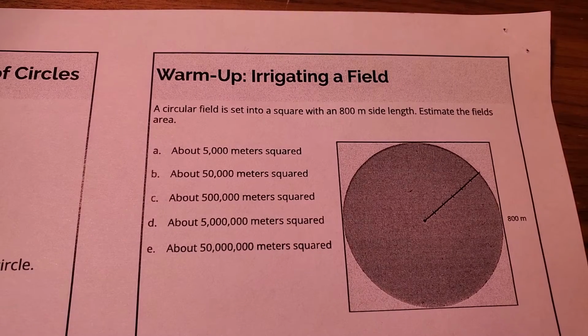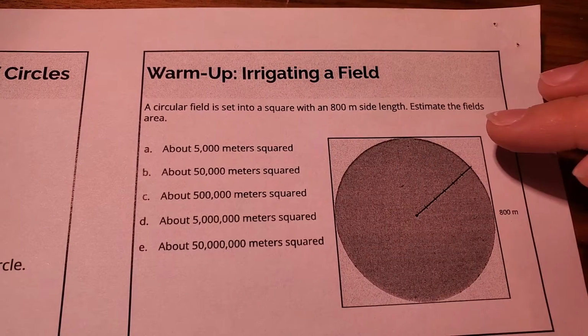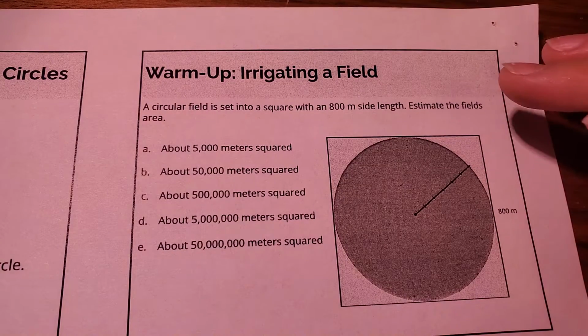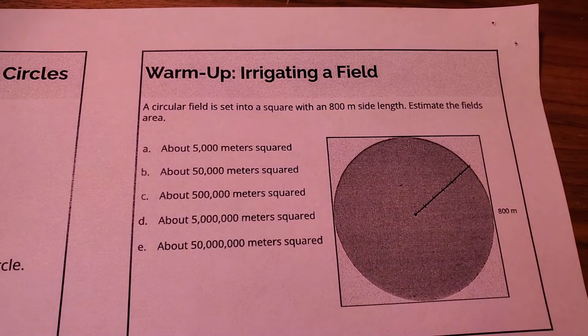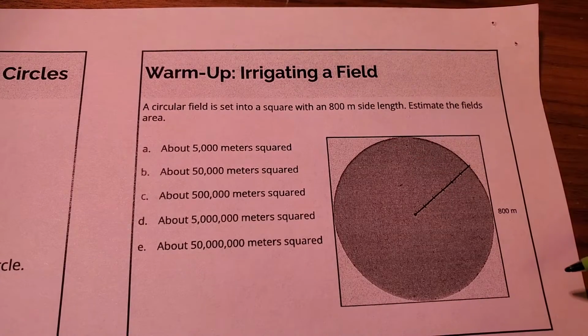Okay, so again, we know that the area of the field, the circle, is going to be less than the area of the square. So if we find the area of the square, we know it's going to be very close to it, but less than it. To find the area of a square, we take the side length and multiply it by itself, because both the length and the width are going to be the same.